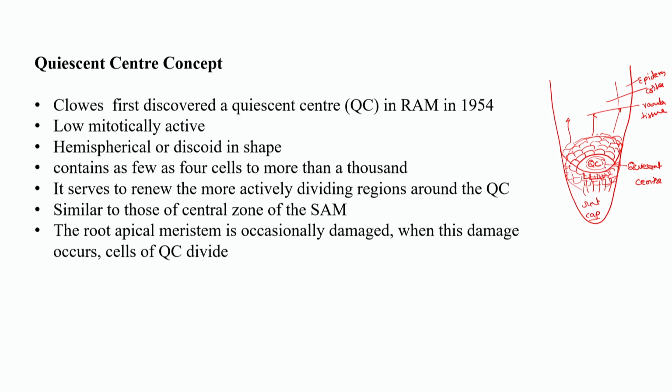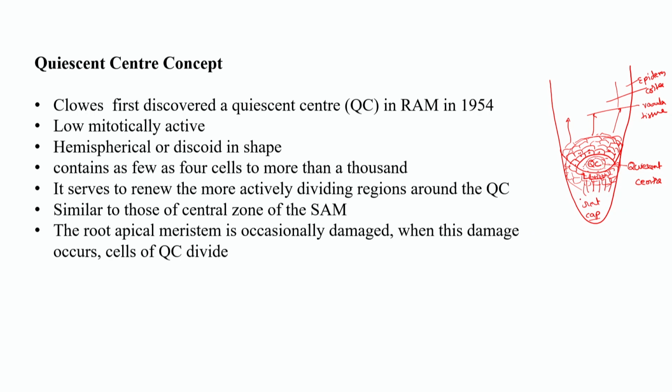When they fed those cells, they found that radioactivity was observed in the adjacent cells, whereas in the quiescent center the cells were inactive and not dividing, so no radioactivity was observed. On that basis they came to understand that these are non-dividing cells.